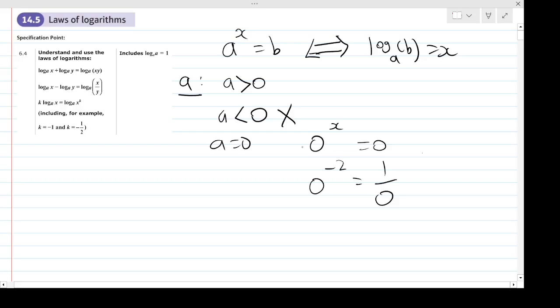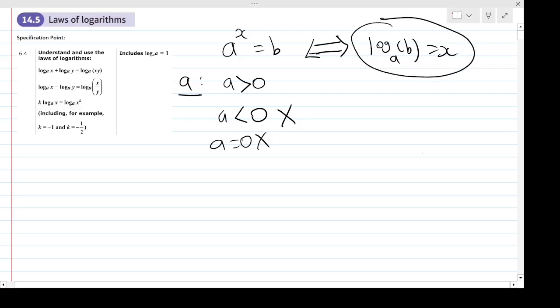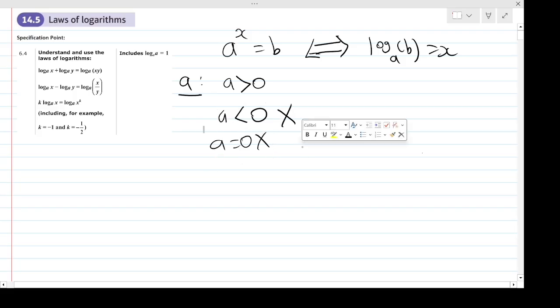Or -2 or -3, you would have to do a reciprocal. So for all values of x, a cannot be 0, or else the exponential will break down, as you just saw. We'd be dividing by 0, which means the logarithm won't always work either. So because a cannot be less than 0 or equal to 0, a can only be positive.